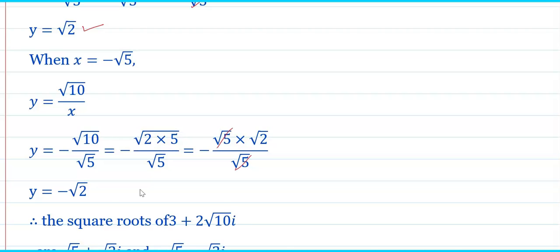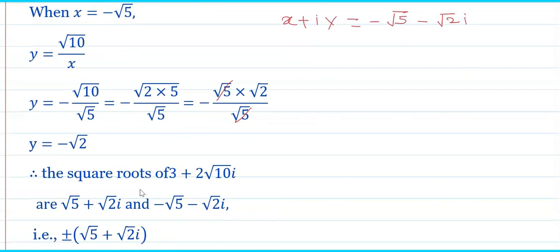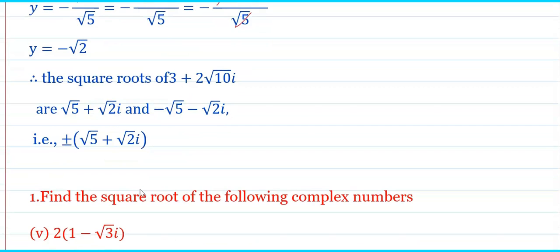You will get y is equal to minus root 2, and therefore the second root is x plus iy, that is equal to minus root 5 minus root 2 i. Once we got plus, once we got minus, and if we combine it, therefore the roots of 3 plus 2 root 10i are root 5 plus root 2i and minus root 5 minus root 2i.